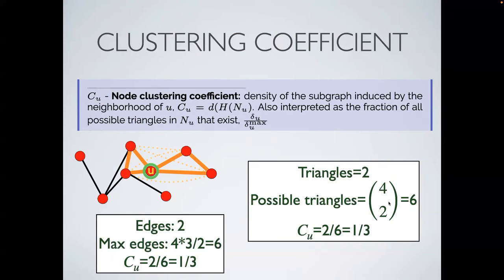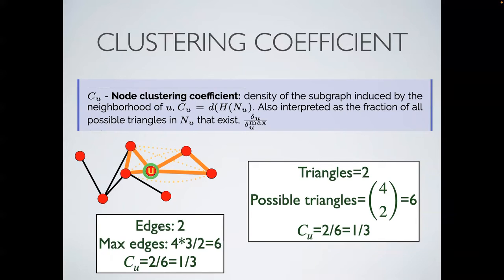And you have a formula to count how many triangles are possible at the maximum. Here it's 6, because there are 2 combinations among the four neighbors. So this means open triangles. You have 6 open triangles and 2 closed triangles, so you have a clustering coefficient of 1/3.